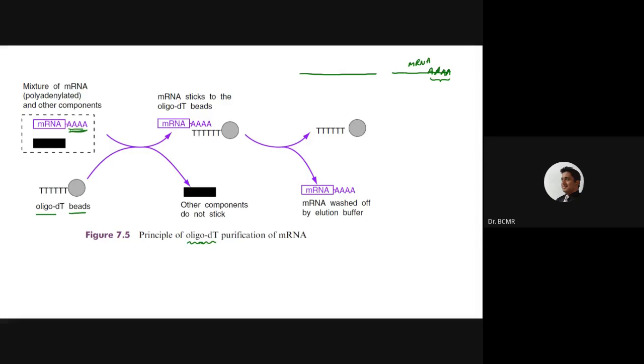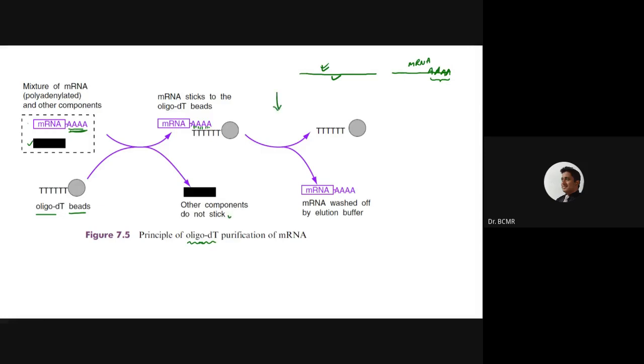These are the other components, like I described, which are not mRNAs. These are mRNAs, and the other ones are non-mRNA RNAs. The oligo-dT containing beads will base pair with the poly A tail like this, and the rest of the components do not stick and they will wash out.